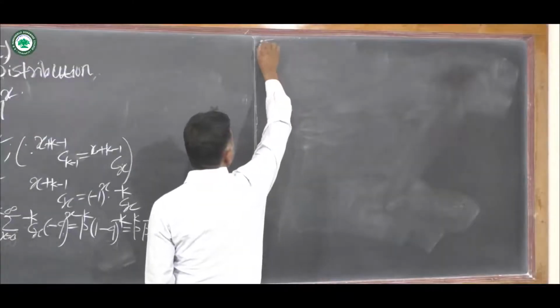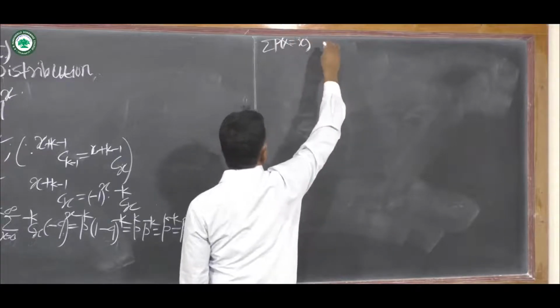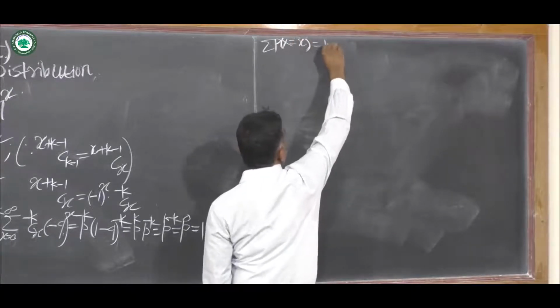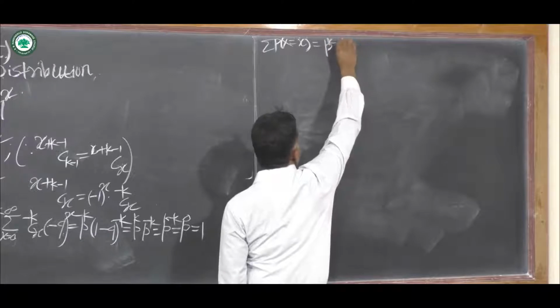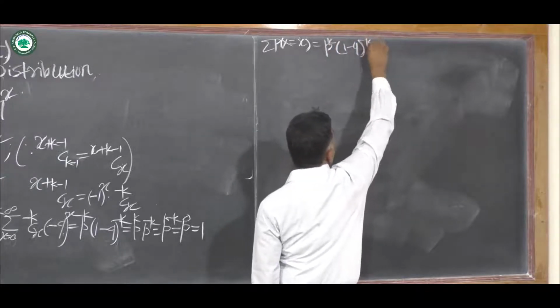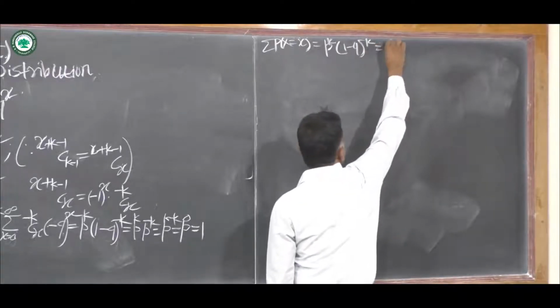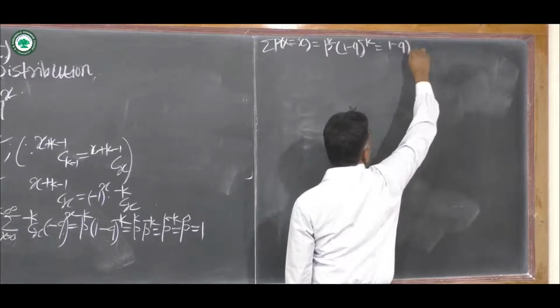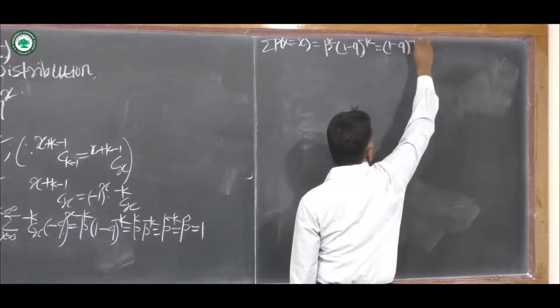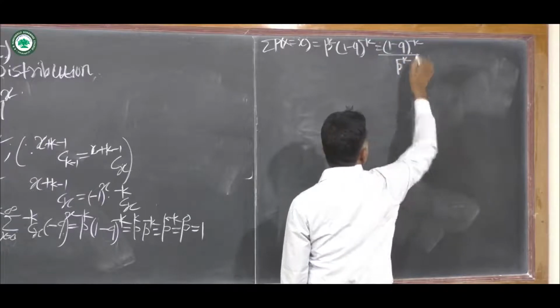Okay, now summation of probability of x equal to small x, which is equal to p raised to k into 1 minus q bracket raised to minus k. Okay, now this can be written as 1 minus q bracket raised to minus k upon p raised to minus k.